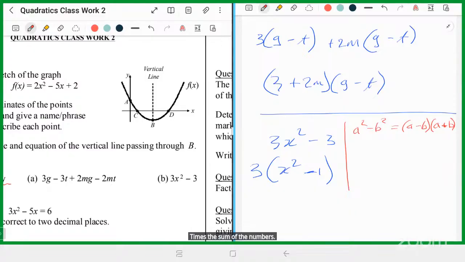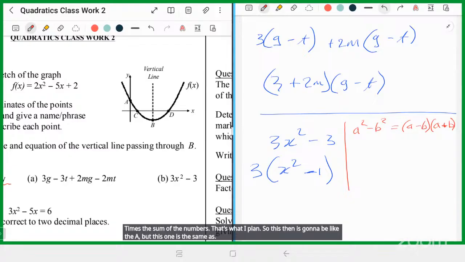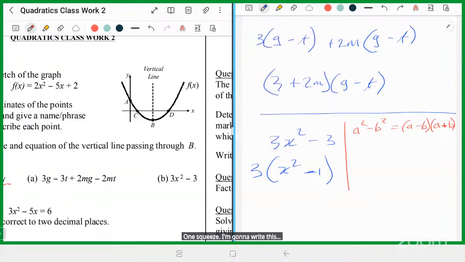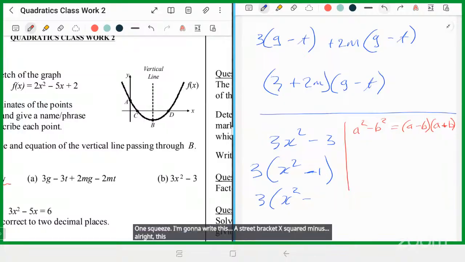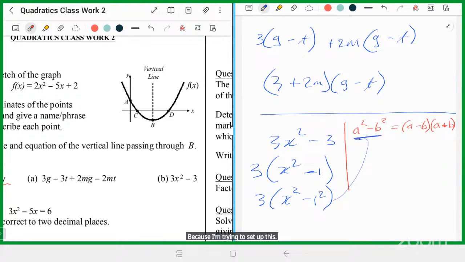So to apply this, this is going to be like the a, but this one is the same as 1 squared. So I'm going to write this as 3 bracket x squared minus 1 squared, because I'm trying to set this up so that I can apply the rule. This is like the a now, and this is like the b. So this becomes 3 times, notice I'm keeping the first factor, which is a 3.